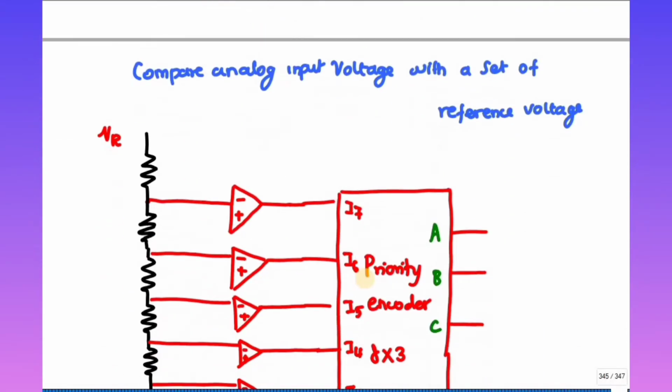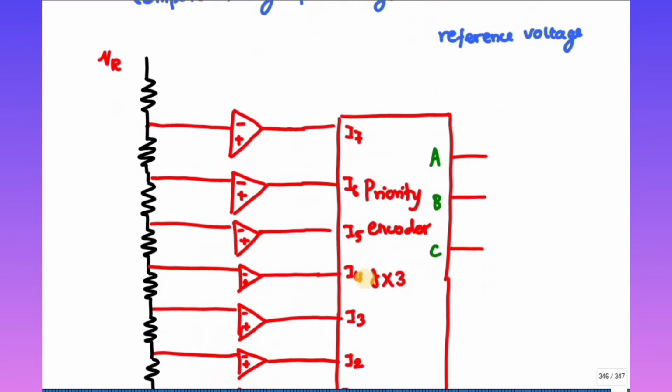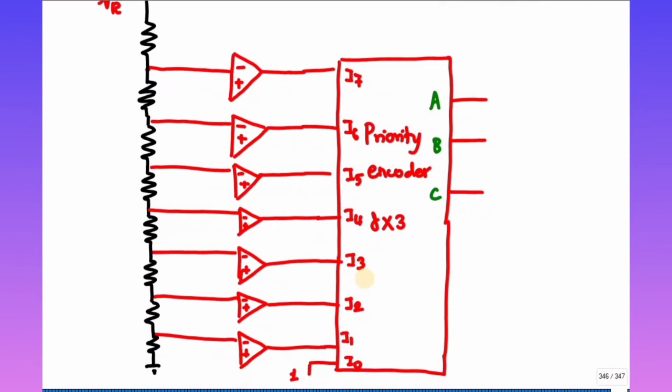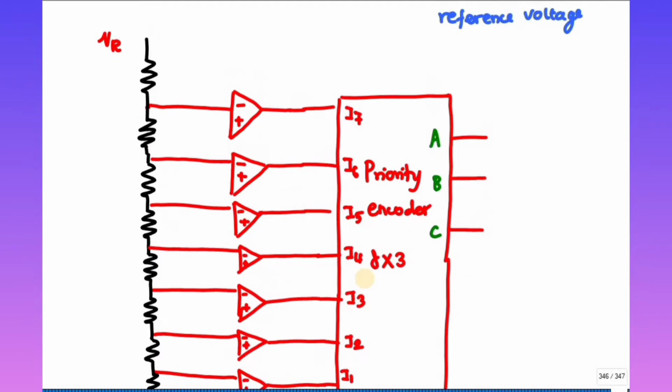So this is my block diagram of the flash ADC. See here, I require 8 resistances, no? Let's take each of these 8 resistances as 1 kilo.